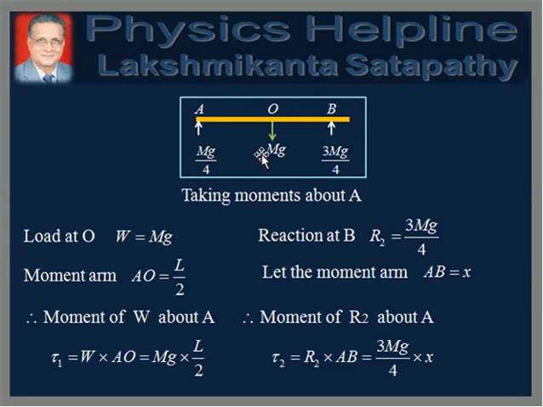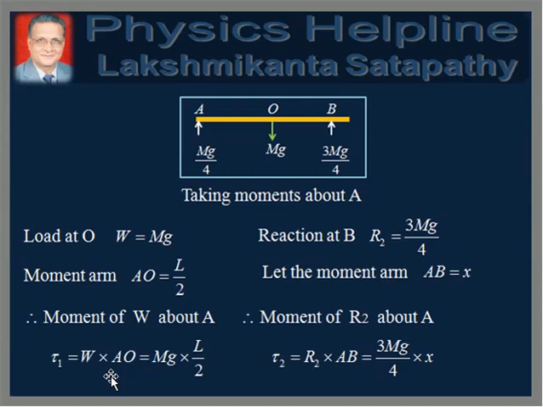Weight mg at O will produce a clockwise moment given by τ1 is equal to weight mg into moment arm AO, which gives τ1 is equal to mg into L by 2.